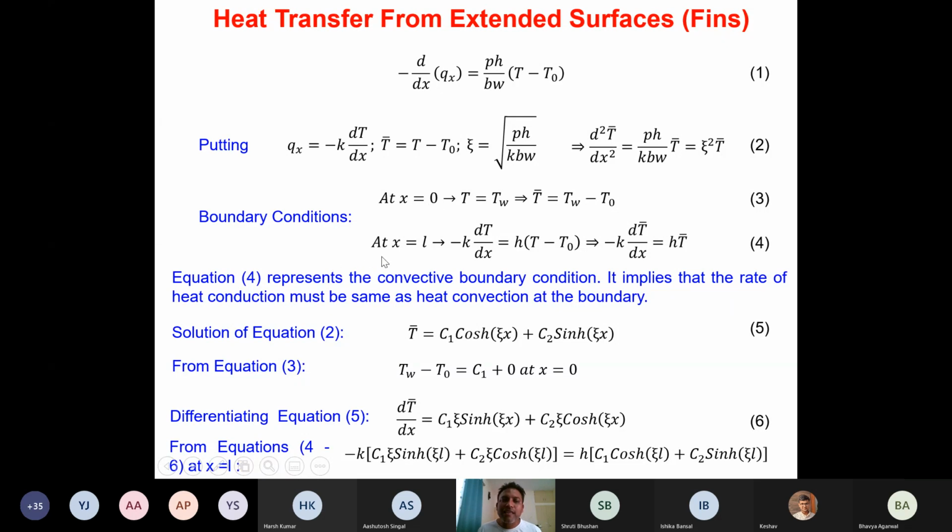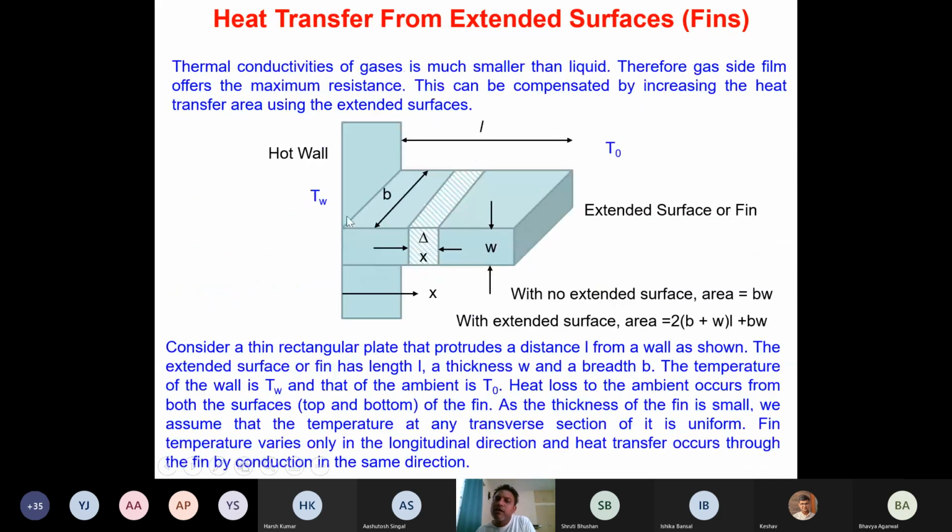The other boundary condition is at x equals L, that is the end of this extended surface. At this end, we can have a convective boundary condition. Whatever the rate of heat conduction is at this boundary should equal the rate of dissipation by convection, isn't it?